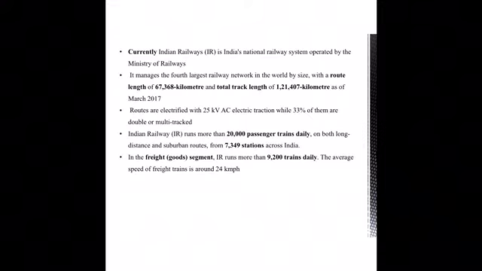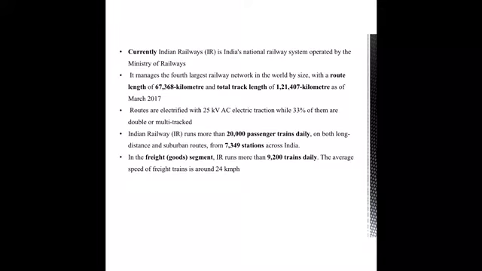Routes are electrified with 25 kilovolt AC, and more than 33% are double or multi-tracked networks. India runs more than 20,000 passenger trains every day, both long distance and suburban, that is, within urban areas. We have around 7,349 stations.